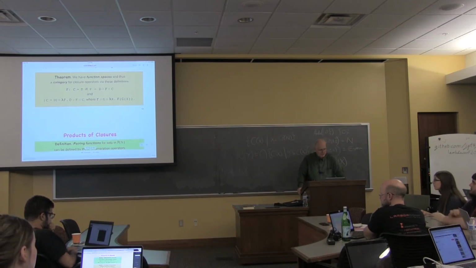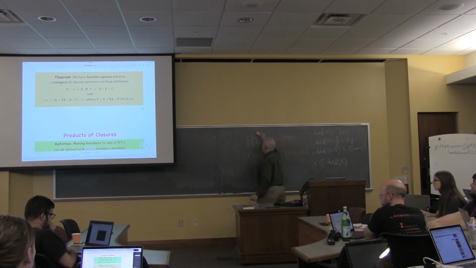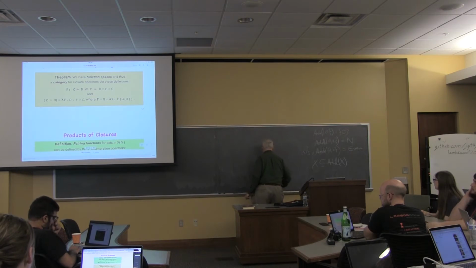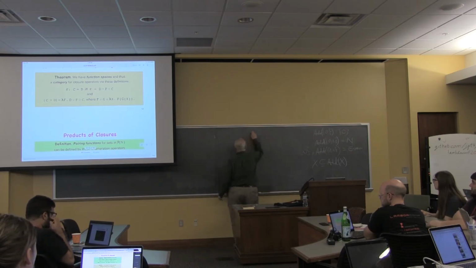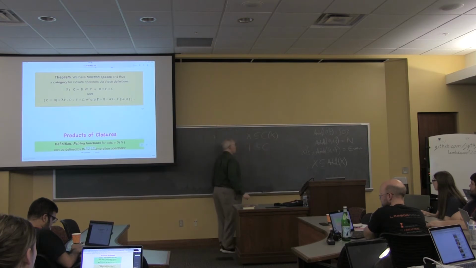Let me do a little bit of that. So you see everything is monotone in these continuous functions here. So to say that x is contained in the closure of x is the same as saying that the identity function is contained in C as a continuous operation there.